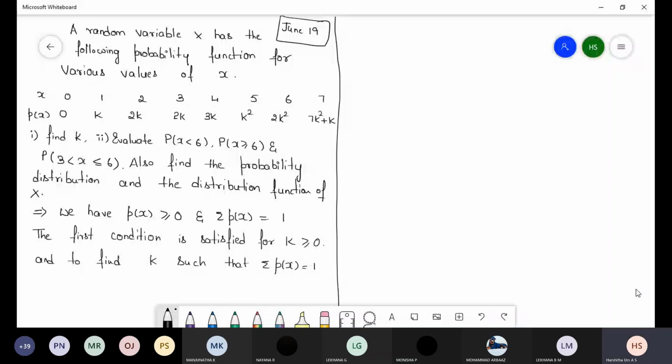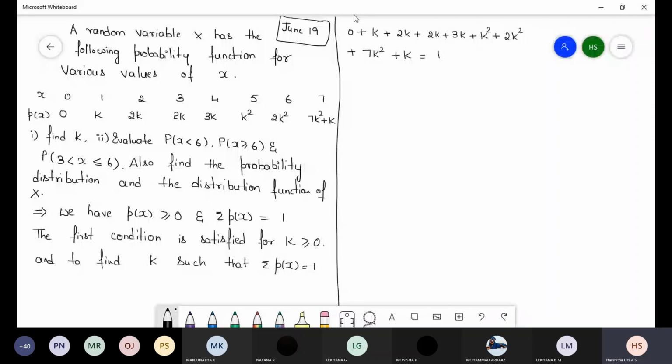Now add all the terms: 7k square, k square is 8, plus 2k square is 10k square, plus 1, 2, 3, 4, 5, 6, 6 plus 3, 9k. Minus 1 is equal to 0.